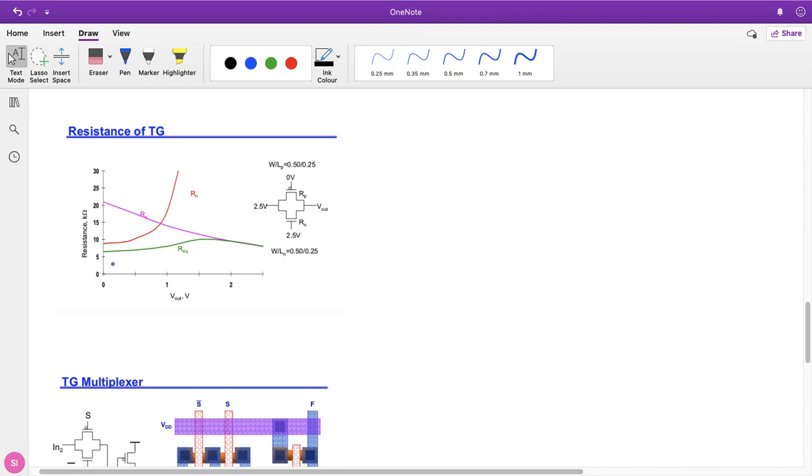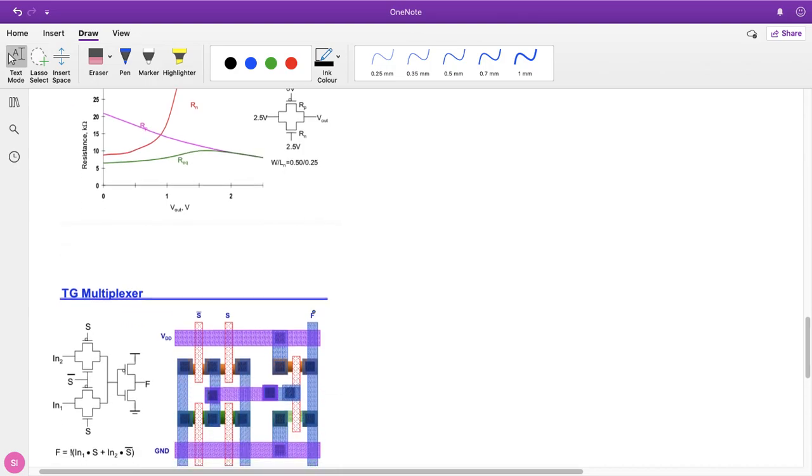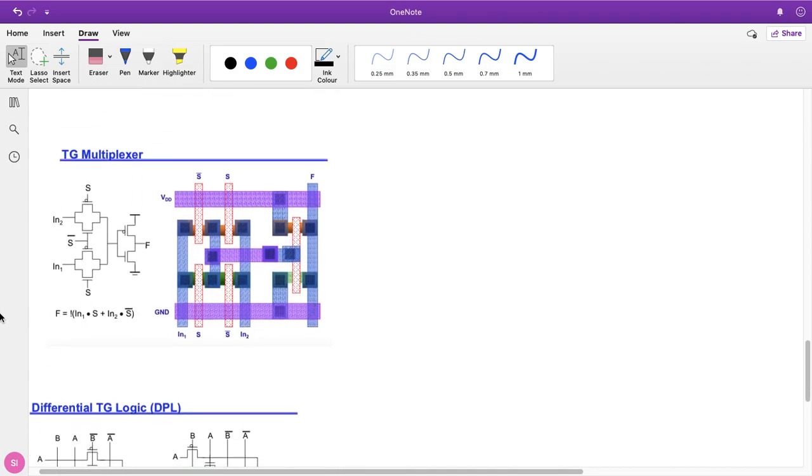So from here, you can see that Rn is increasing and Rp is decreasing. They compensate each other, so the equivalent R will be a constant line, if both signals for NMOS and PMOS are given the same value. So, the transmission gate. The transmission gate can be used as a 2-to-1 multiplexer.